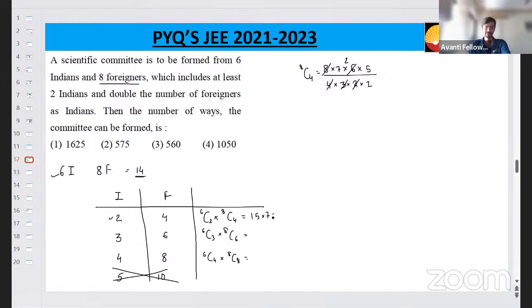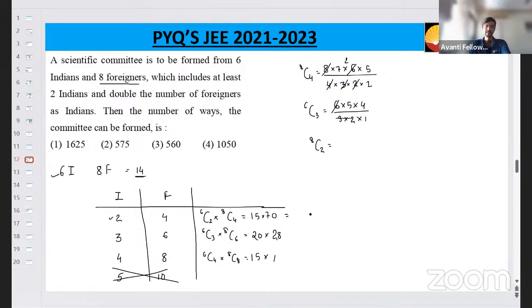So 8C4 is 70. 6C3 is 6, 5, 4 upon 3, 2, 1, so that is 20, into 8C6, which is basically 8C2. 8C2 is 56 by 2, 28. 6C4 is 15, into 1.